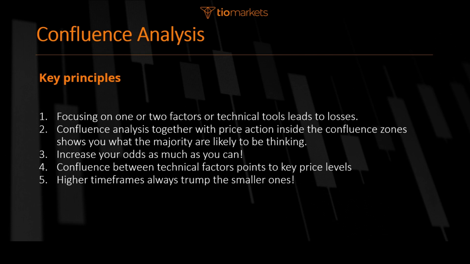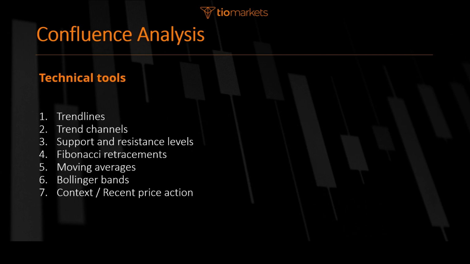So let's move forward. The technical tools you can use in confluence analysis. I'm using trend lines, trend channels, support and resistance levels, Fibonacci retracements, moving averages, not so much Bollinger Bands, but I've listed them here because you might want to use them.